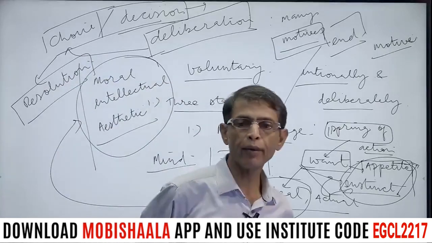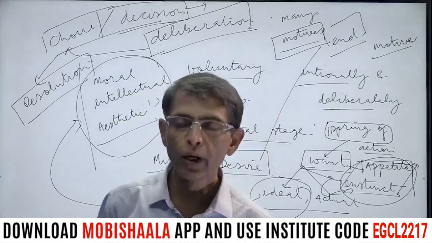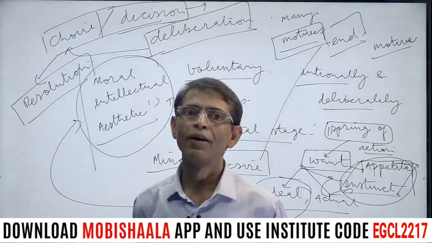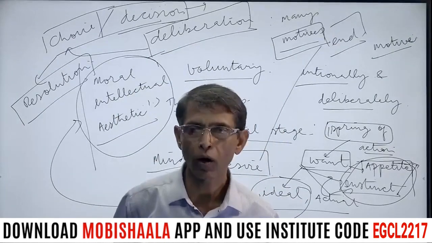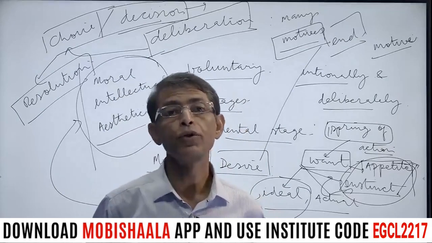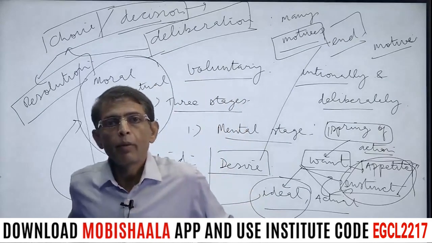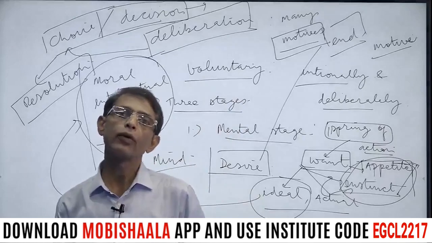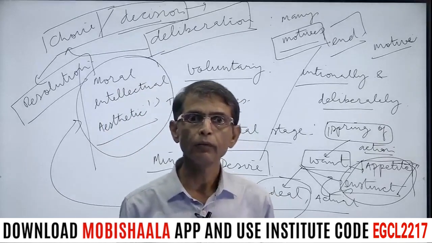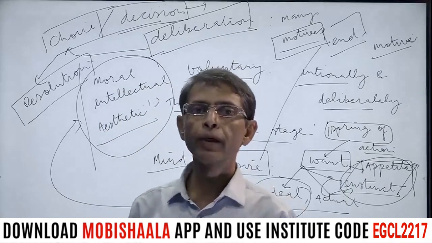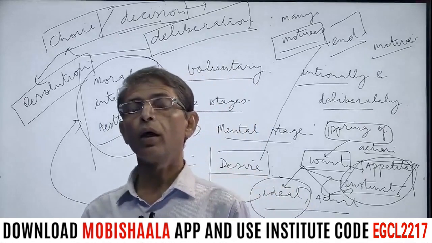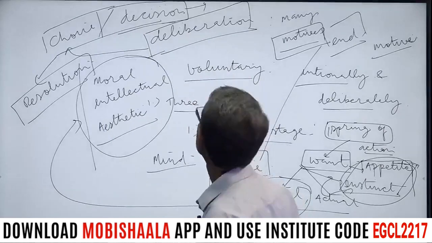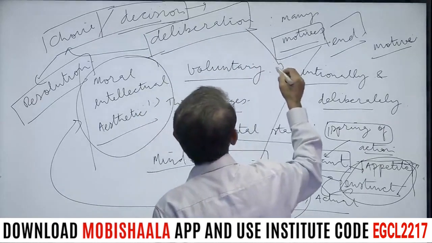So the things have been decided and everything has been done on the mental level, but the action is postponed and planned for the future. This is called your resolution. But if the choice is taken and it has been decided, then he takes action. Then comes the bodily level.